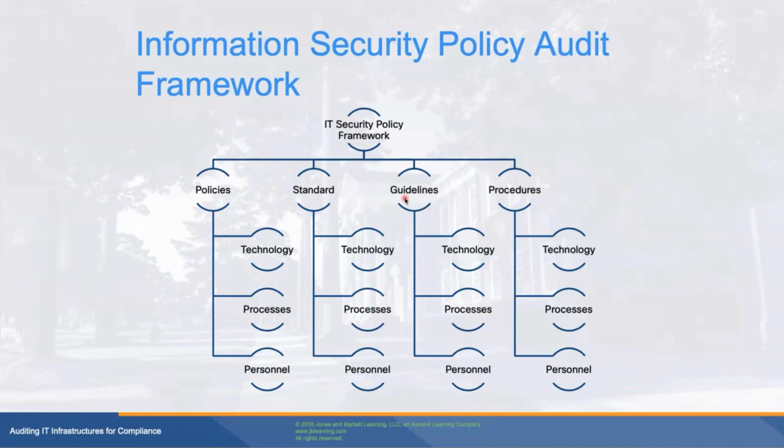And so each one of these different types of policies or standards is going to affect the technology that we buy, the processes that we use in our organization, and it's also going to affect the personnel. So these are all the different dimensions and types of policies we can have.